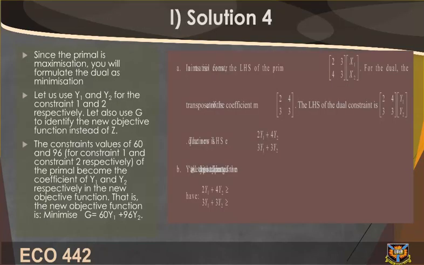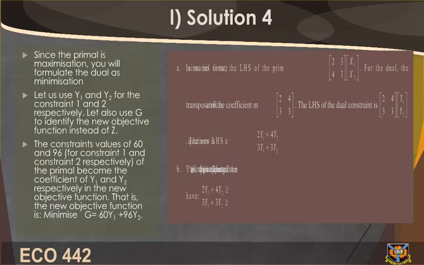Solution 4. Since the primal is maximization, you will formulate the dual as minimization. Let us use y1 and y2 for constraints 1 and 2 respectively.